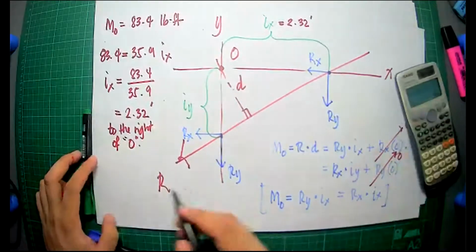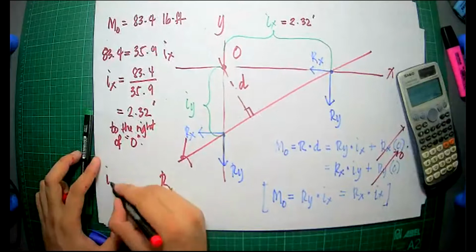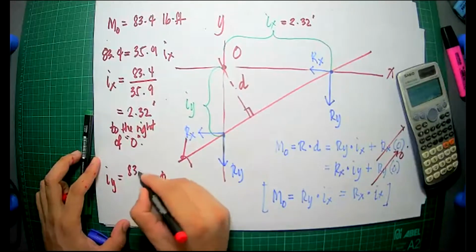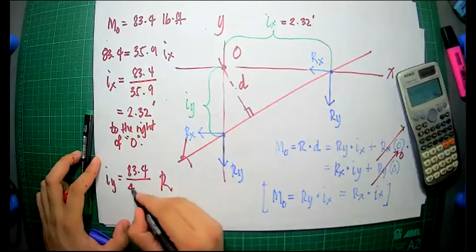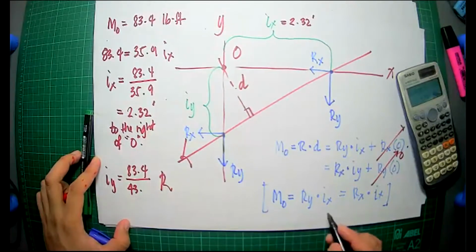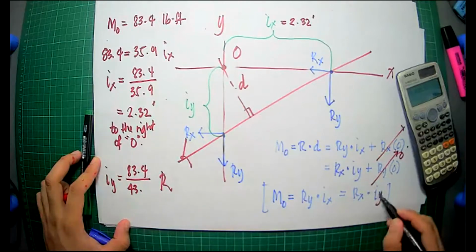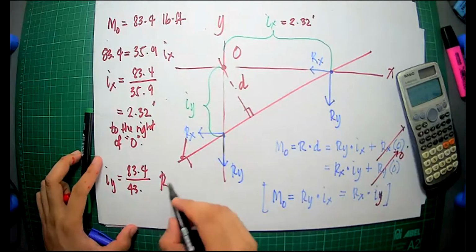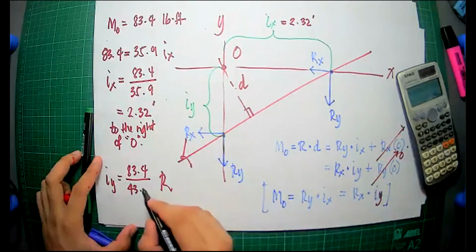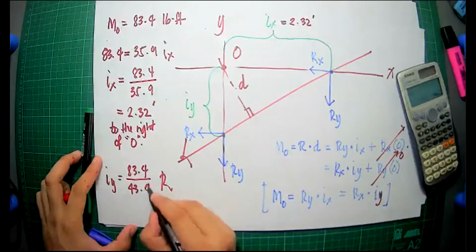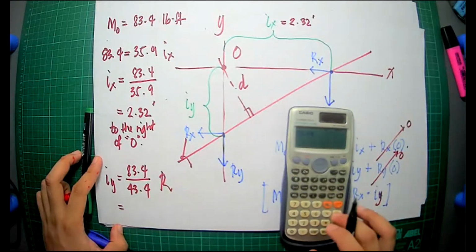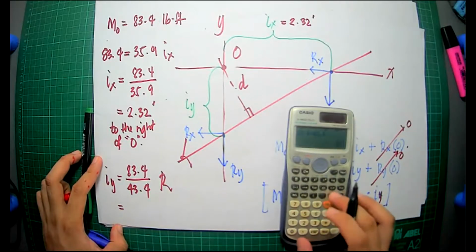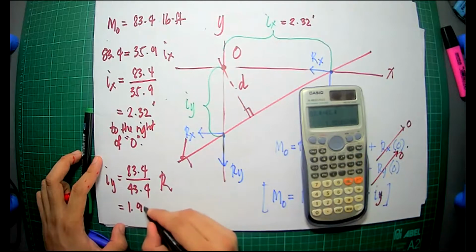Similarly, we can compute for I sub Y directly: 83.4 divided by the value of, sorry, this is Rx, that is 43.4. Now the value is 83.4 divided by 43.4, which is 1.92 feet.